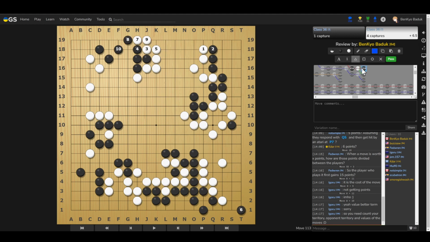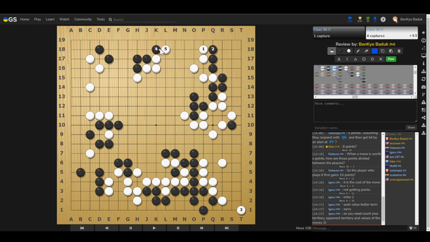It was 9 versus 4, right? This time it's going to be white 4 versus black 9. So it flipped, right? So it's a 5-point difference each way, which made it 10, right? So even this random Hane move that we just pulled up, it's 10 points at least.